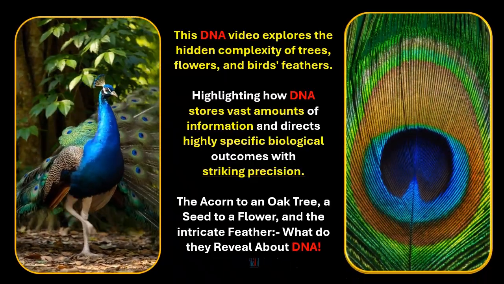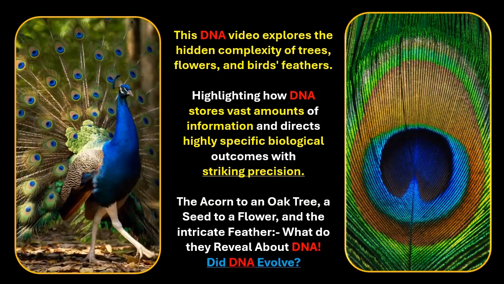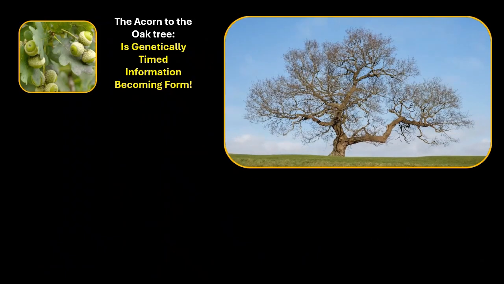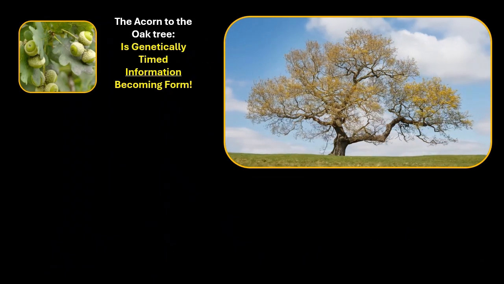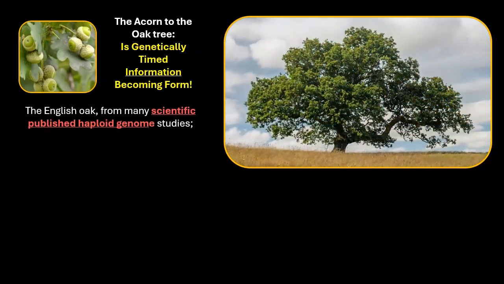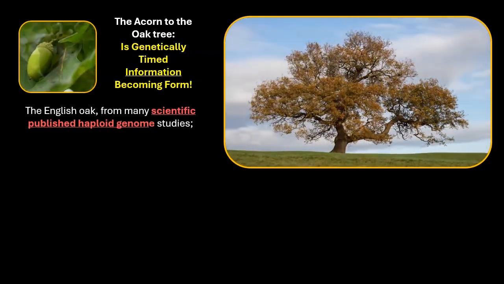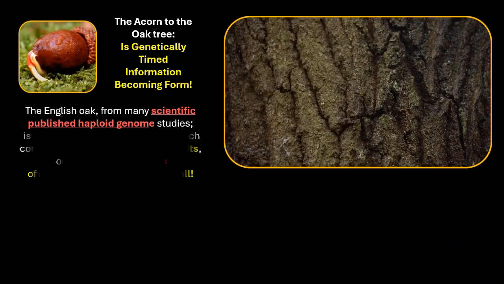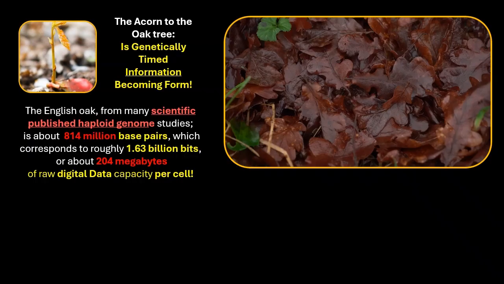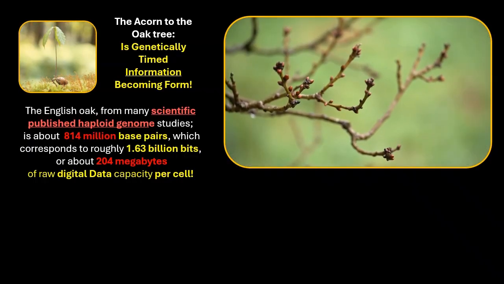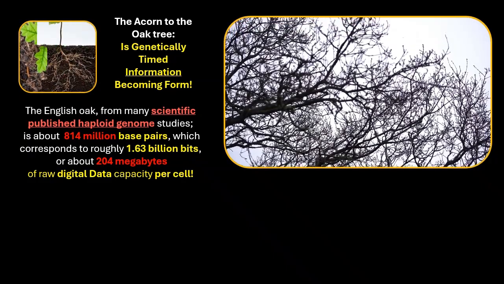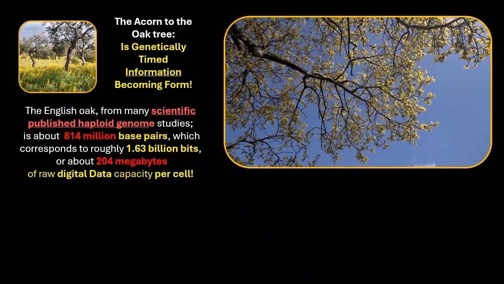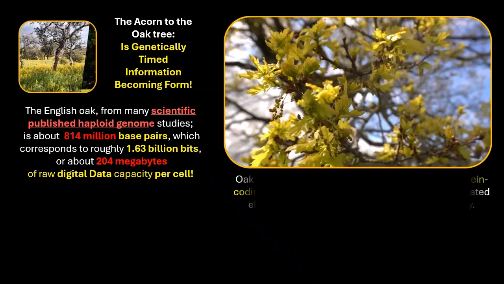Well, did DNA evolve? The acorn to an oak tree is genetically timed information becoming form. The English oak, from many scientific published haploid genome studies, and anyone can go to these, is about 814 million base pairs, which corresponds to roughly 1.63 billion bits, or about 204 megabytes of raw digital data capacity per cell.